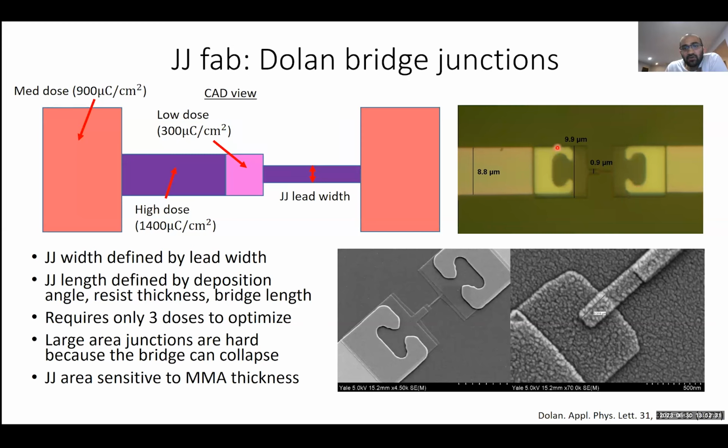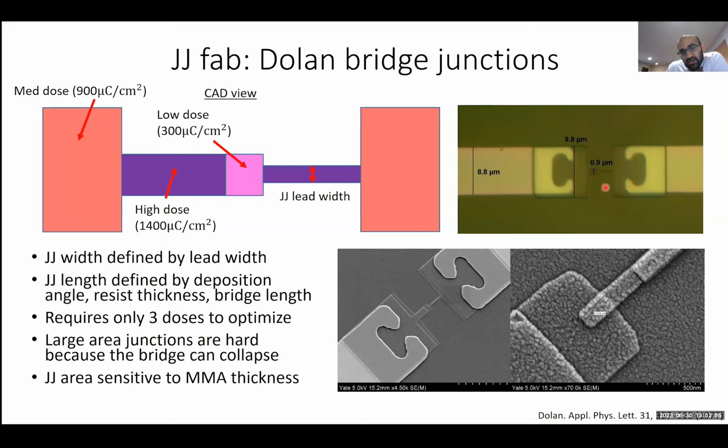This is what the pattern will look like after development. You can see there's this developed-away area that corresponds to the contact between the tantalum capacitor pad and what will be the aluminum. Over here, there's a small area that's slightly discolored.